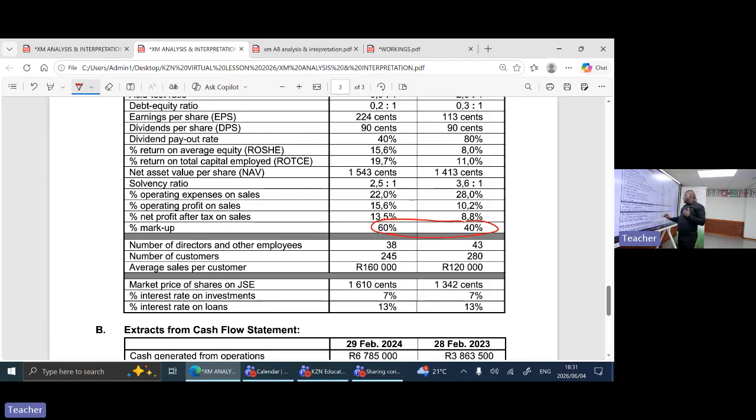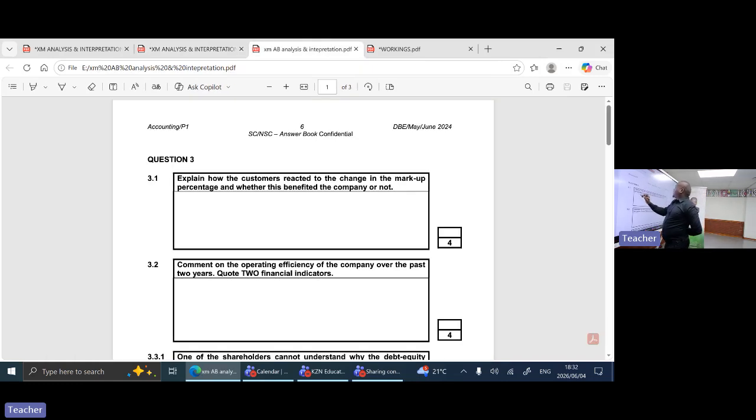Look at the number of customers. Don't look at the number of directors. That has nothing to do with this question. All right. Who's my customers here? So this is our answer: customers decreased.